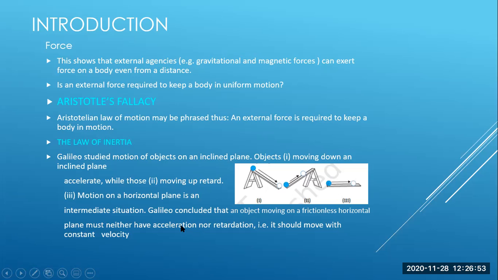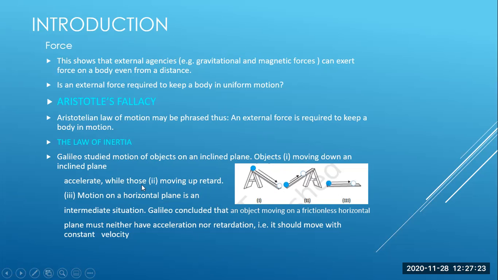What he observed is that whenever an object is moving down an inclined plane, it will always accelerate. And whenever it is moving up, it will retard. Retardation means negative acceleration. The velocity will decrease, and finally it will become zero.